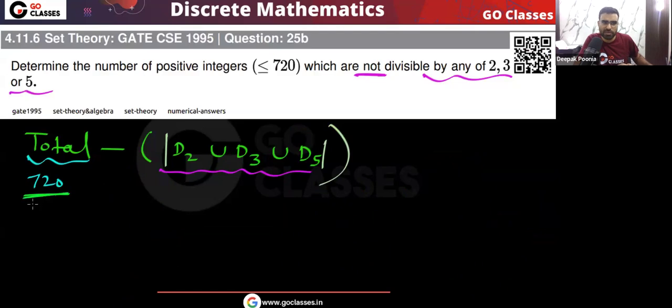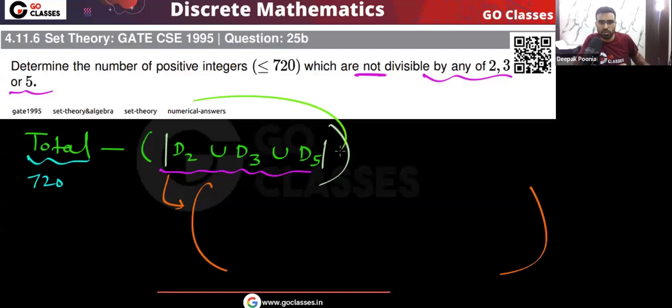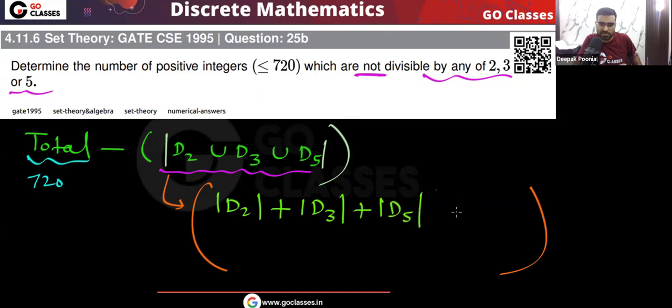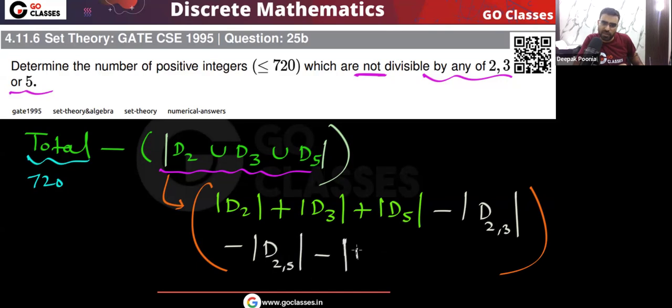The answer will be 720 minus this value, where you can apply the inclusion exclusion principle: how many are divisible by 2, plus how many are divisible by 3, plus how many are divisible by 5, minus how many are divisible by 2, 3, minus how many are divisible by 2, 5, minus how many are divisible by 3, 5, plus how many are divisible by 2, 3, 5.